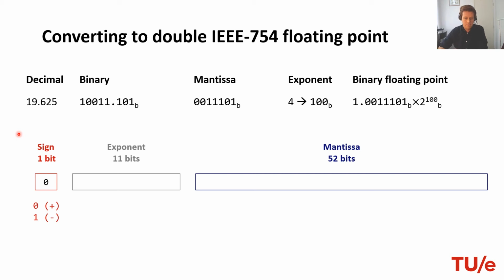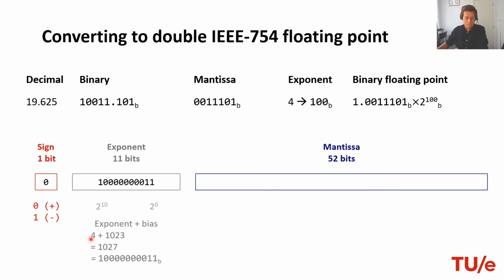For the exponent, well, the exponent here is 4. Because of this stuff with the bias, we have to add first a bias, which is 1023 in double precision. So the actual number that we store in the registers available for the exponent and bias is 1027, which when converted into binary is 10000000011.